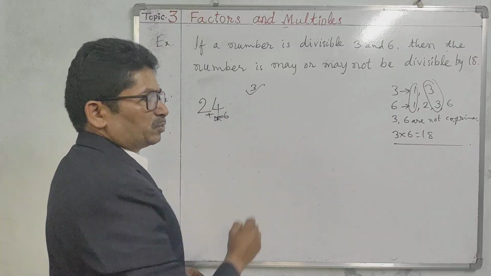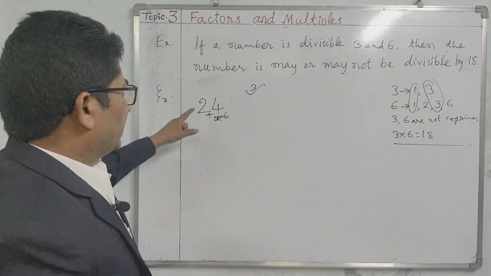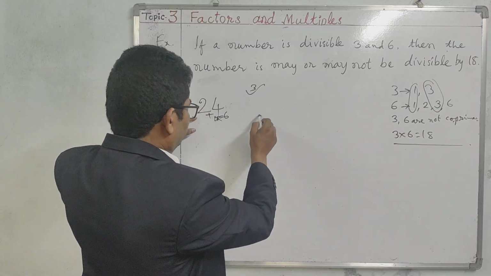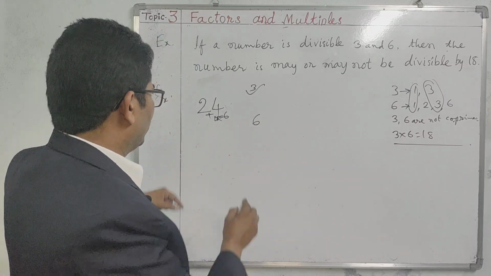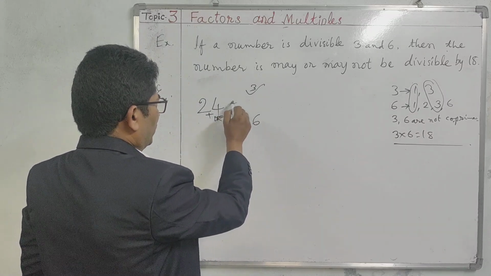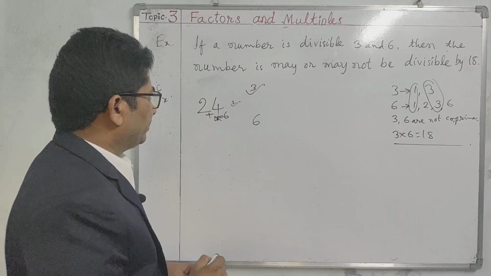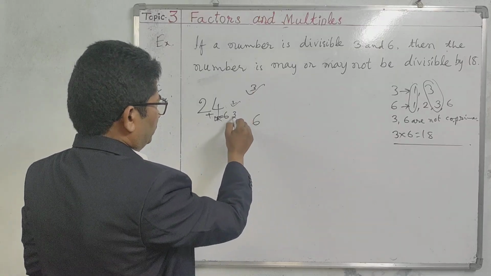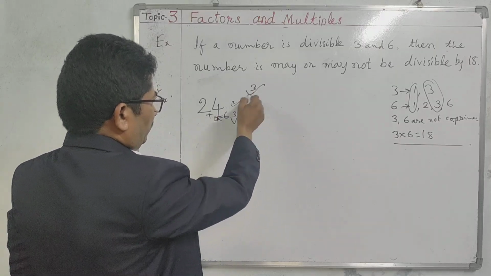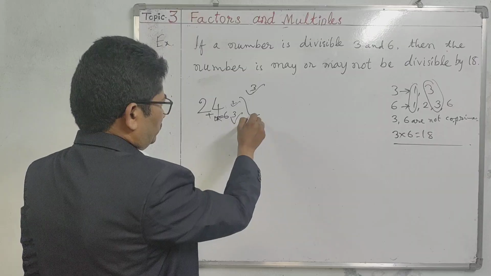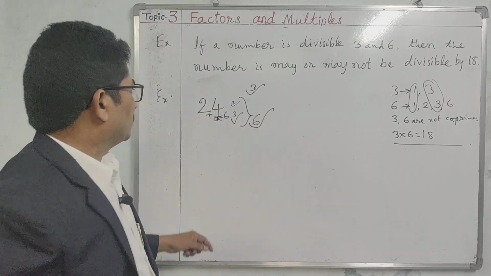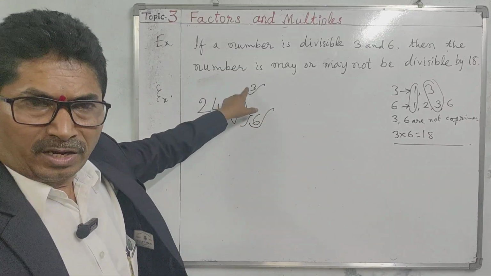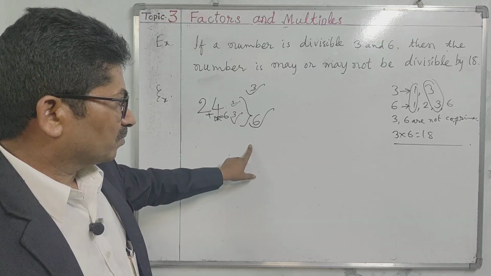So that's why it is divisible by 3. And also divisible by 6. Why? It is divisible by 2, an even number. It is also divisible by 3. So the digital root we got is 6. So that's why it is divisible by 6. 24 is divisible by 3 and 6.